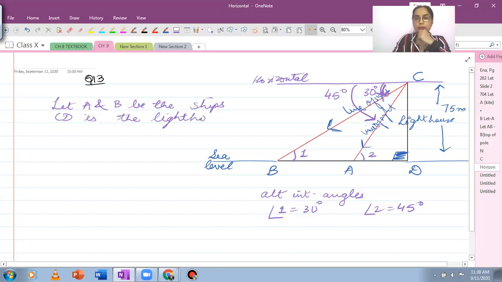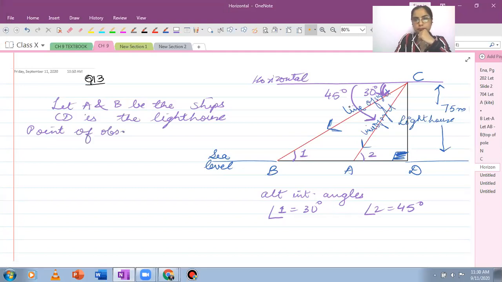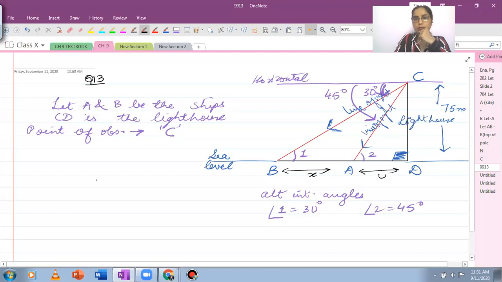CD is the lighthouse, and then the point of observation. I'm going to take this distance as x and this distance as y. I've got right triangles, triangle BCD and triangle ACD.